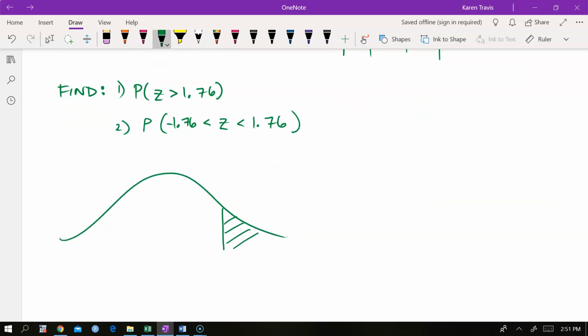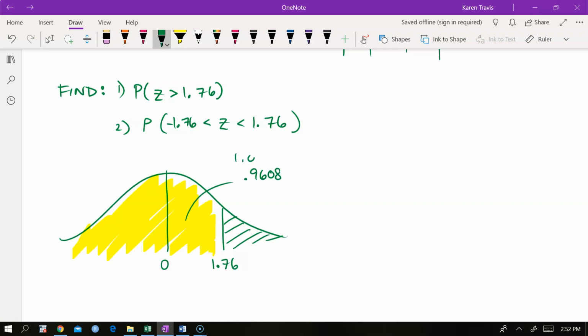If I need greater than 1.76, when I go to the table, I'm going to remember the table only shows me the left tail. So let's do some exciting colors. The left tail from my table, if I look up 1.76, gives me 0.9608.